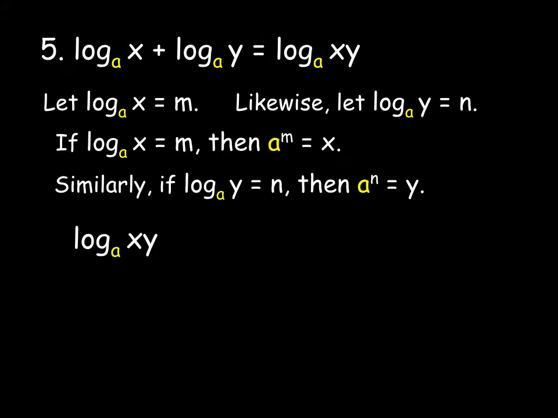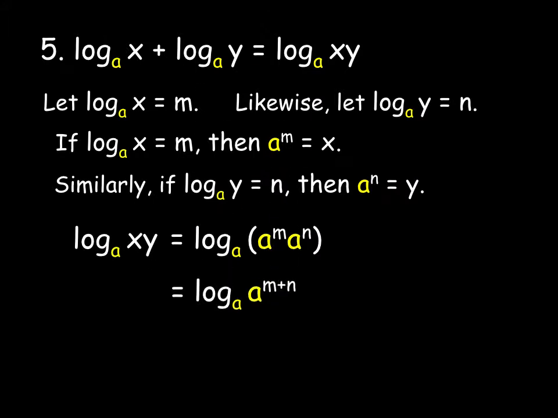Therefore, the log base a of x times y is equal to the log base a of a to the mth power times a to the nth power, substituting, which is equal to the log base a of a to the m plus n, a property of exponents.